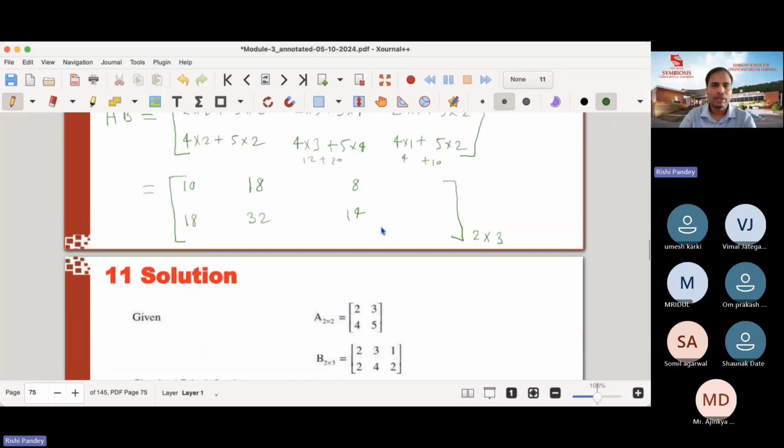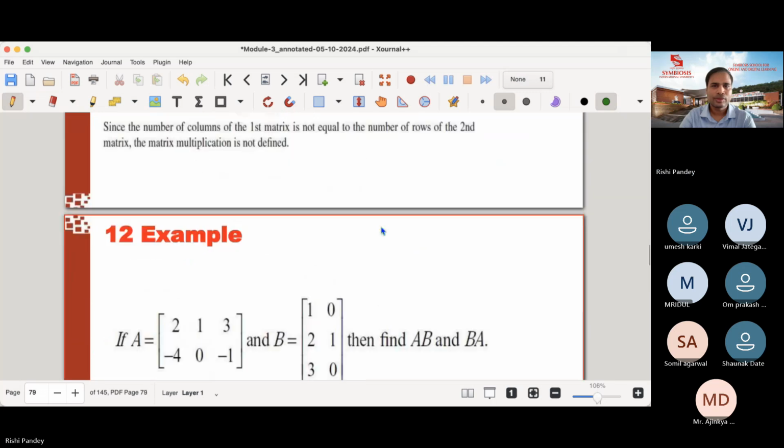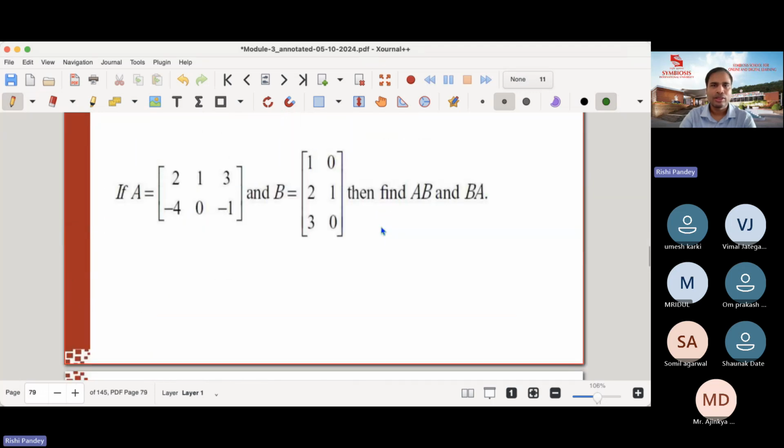Similarly, we have more multiplications. Okay. For this question, everyone multiply. Find AB. So how many rows here? 2 rows, 3 columns. Here, 3 rows, 2 columns. So how many columns in the first we have? 3.